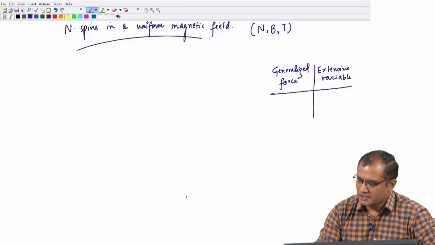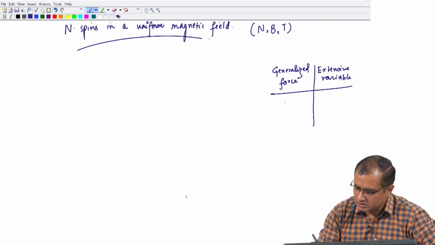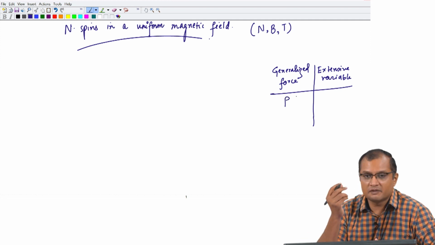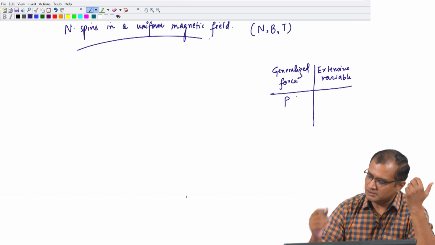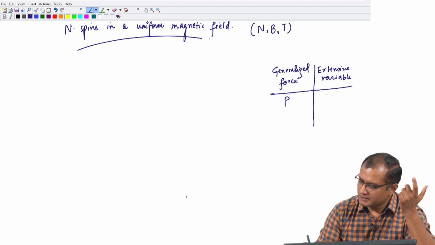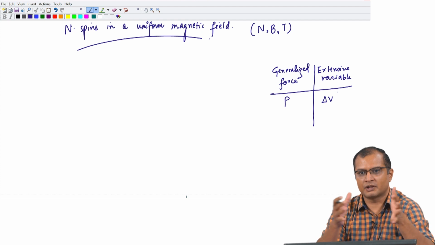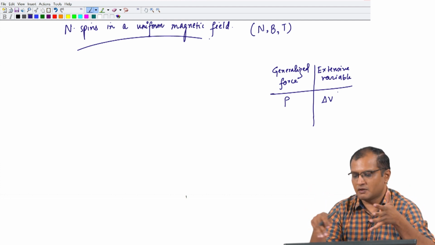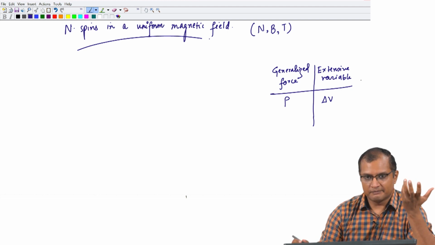So, in the previous Gibbs canonical ensemble, where we maintained the system at constant pressure, the generalized force that we subjected our system to was the pressure, and we could do it by allowing the system to exchange volume. So, the extensive variable that was allowed to fluctuate was volume. So, that is the conjugate variable in the sense that PdV is an energy scale.